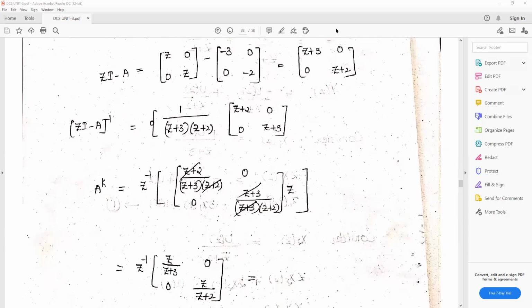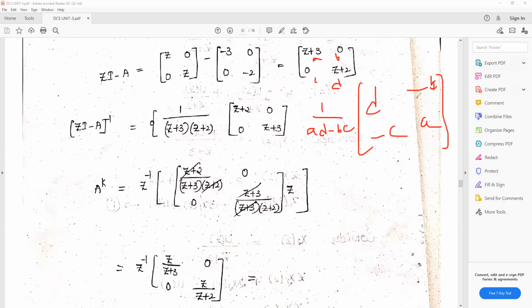This is in the form of A, B, C, D, so the inverse is 1/(AD minus BC) times the matrix D, minus B, minus C, A. Here AD is Z plus 3 into Z plus 2, minus BC which is 0.